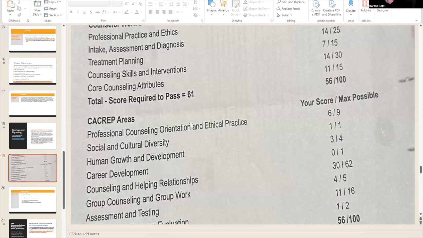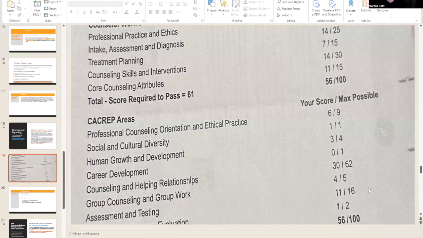And then when they give you this sheet, which you get right away if you take it live at a test center, they also break it down further in regard to the different KCREP areas that the questions may have been associated with.